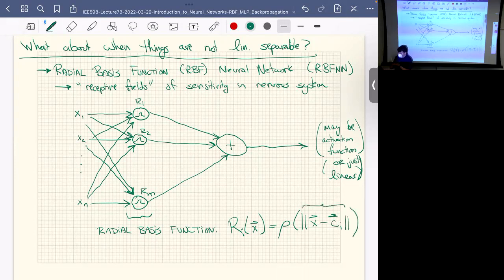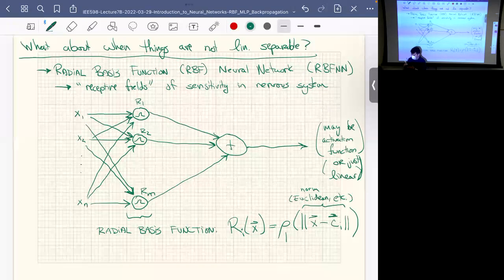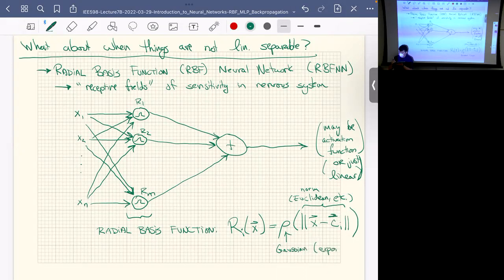some distance. And so this could be a norm, and this could be a two norm. So, Euclidean, Mahalanobis, etc. And this function here is often taken to be like a Gaussian, so think exponential, or a logistic, or otherwise.